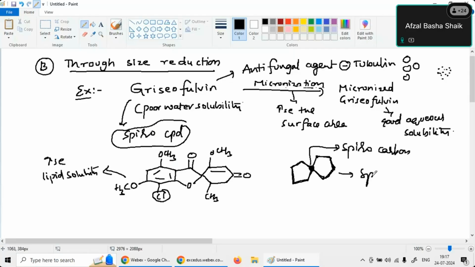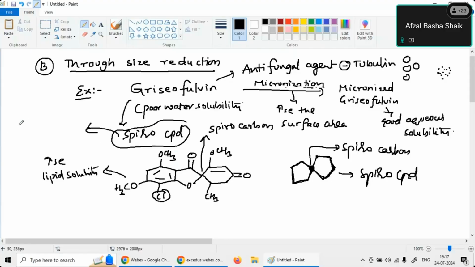Spirocarbon, and this is called a spiro compound. Here you have a cyclohexene ring and a furanone ring, dihydrofuranone ring. Both these rings are sharing a common carbon atom. This is nothing but a spirocarbon. That is why griseofulvin is an example of a spiro compound.